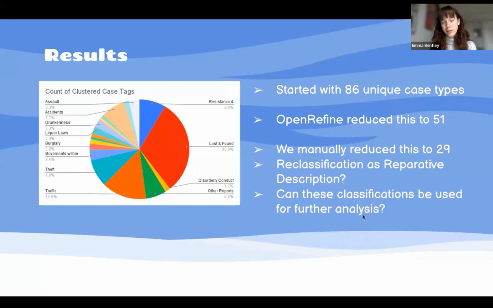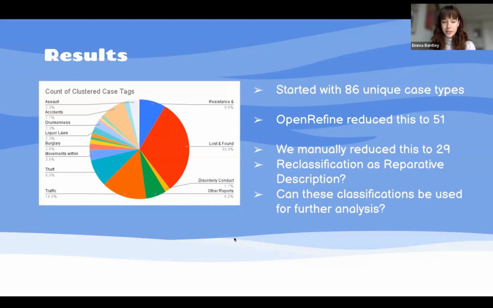So a lot of what we've talked about this semester and a lot of what other groups have talked about is the power of the language used to describe people who were incarcerated. And so we wanted our case tagging to represent a more justice-oriented vision of how we want to deal with this data. So something like resistance and surveillance does that in its own way.